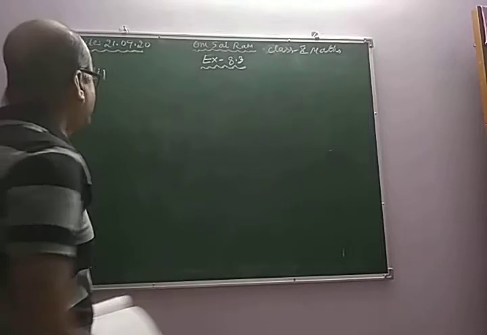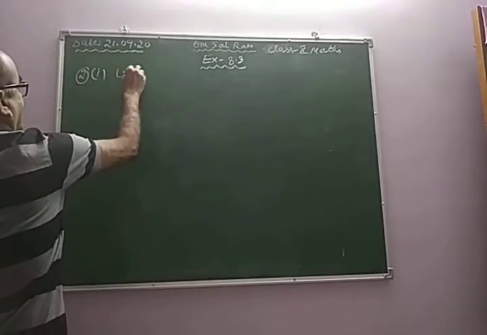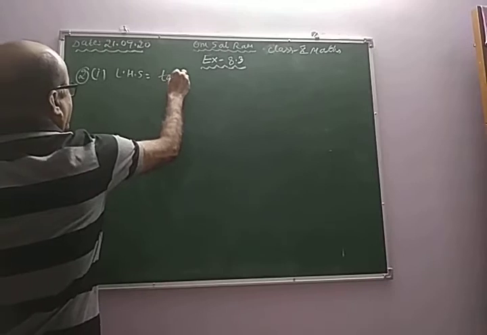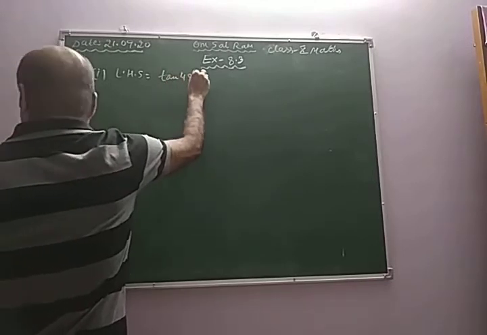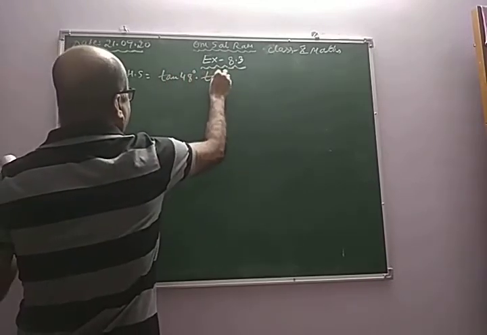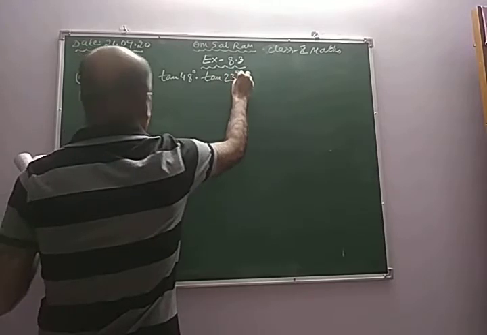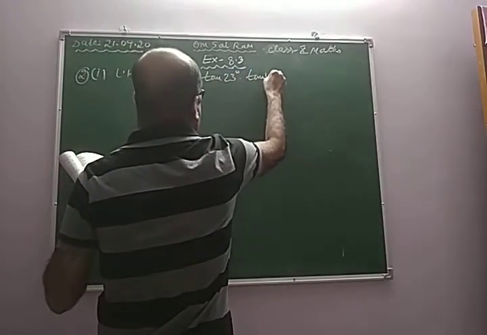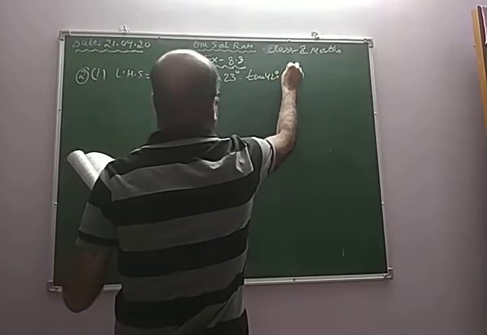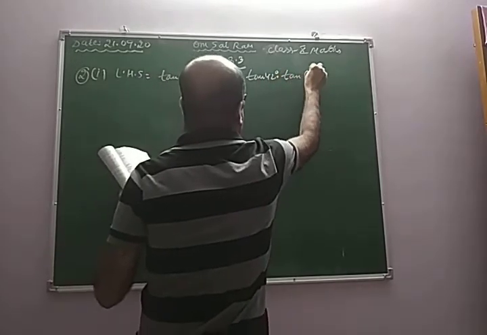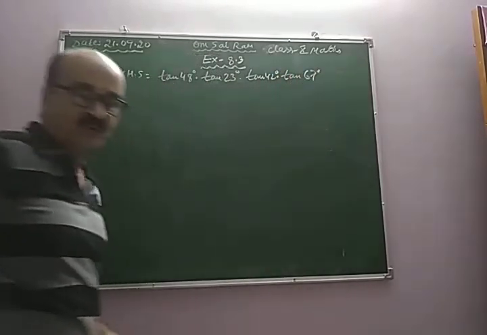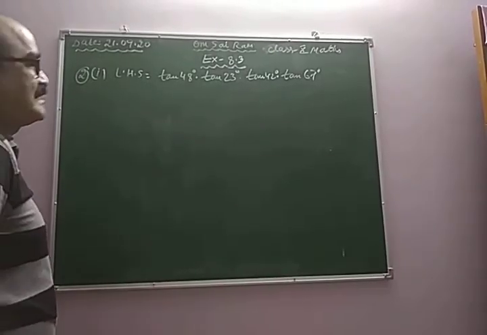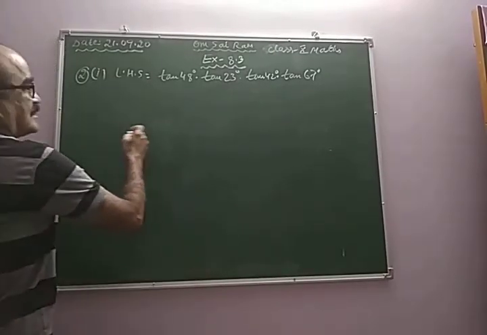I am taking the left hand side: tan 48 degree, tan 23 degree, tan 42 degree and tan 67 degree, right? And we have to prove the right hand side is equal to 1.